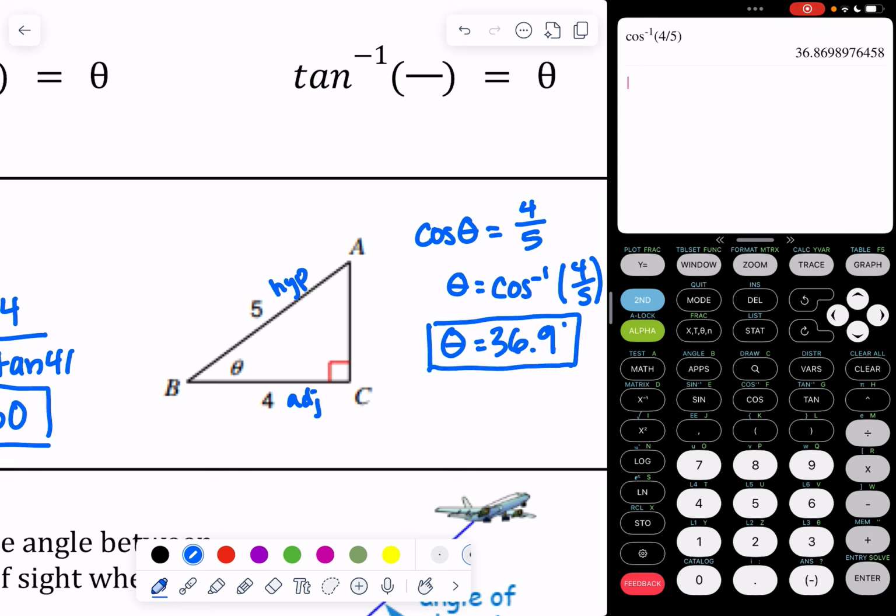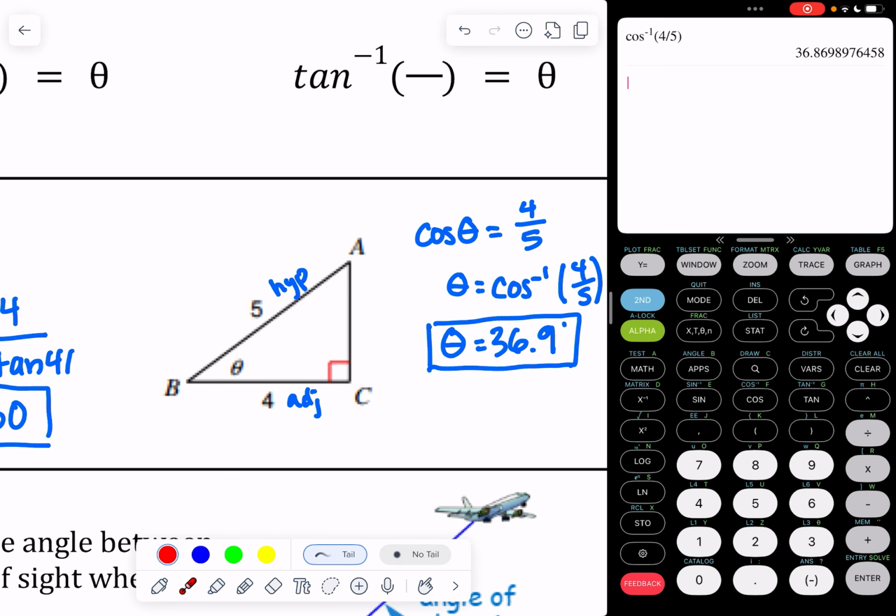One note is that when we're doing inverse sine and inverse cosine, the input always has to be less than 1. Since the hypotenuse is always going to be the longest side, anytime we do adjacent over hypotenuse or opposite over hypotenuse, we're going to get a number that is less than 1.